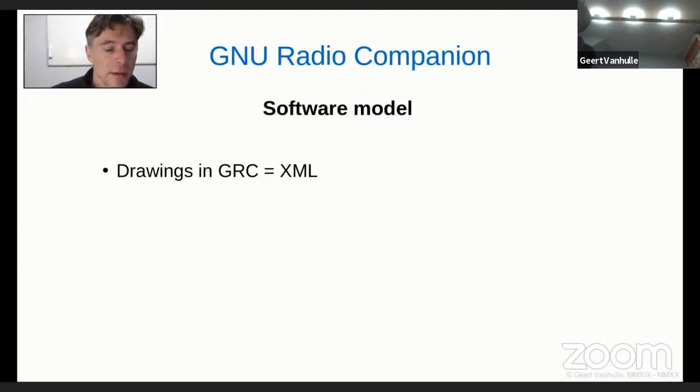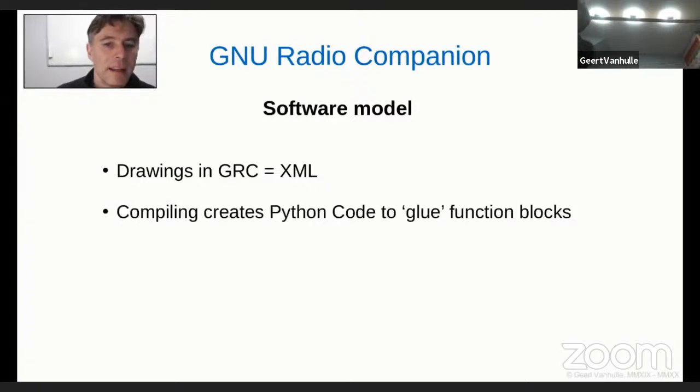Now next, when you compile such a flow graph to code, what's happening is it creates Python code. And actually the parameters and the formulas, the variables that you use inside these flow graphs are in fact Python variables. So you could even use Python expressions there.